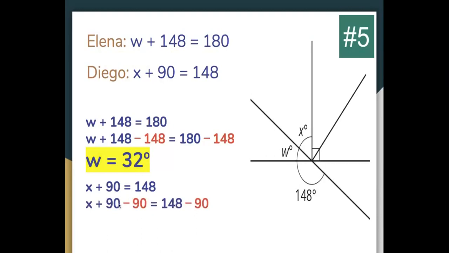Subtract 90 from both sides because we want to balance that equation, and we find out that X is 48 degrees. So there is more than one way to look at the situation and solve for the problems. Another thing we can consider later on is that W plus X is 90 degrees, but if we don't know either one of these, we can't conclude what each one is. So we use our knowledge of angle relationships to solve for each piece.